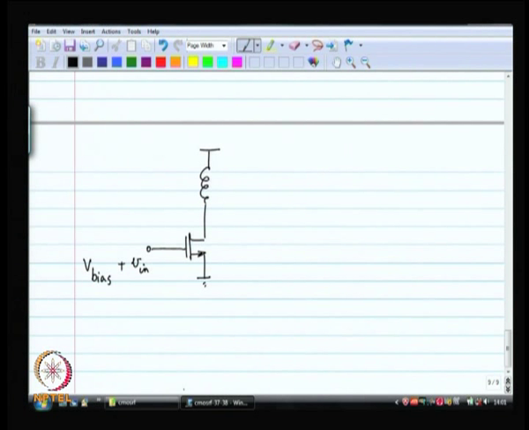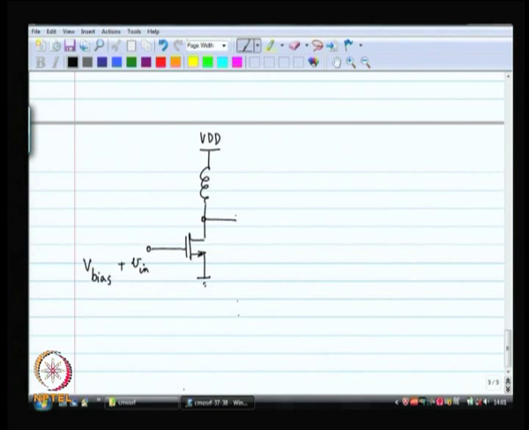Now, the MOSFET is powered through an RF choke. What is an RF choke? An RF choke is an inductor that is so big that it is a short as far as DC is concerned and it is an open circuit as far as RF is concerned. So, it chokes out the RF.